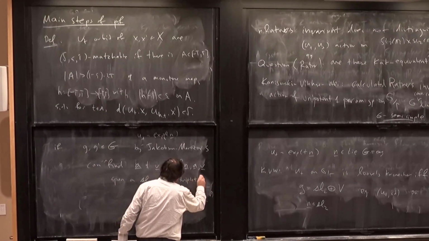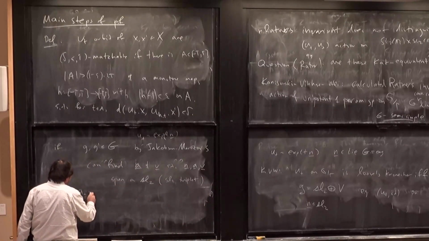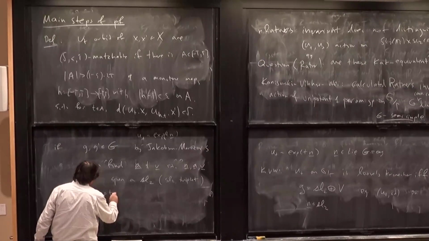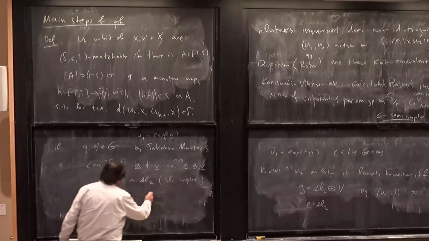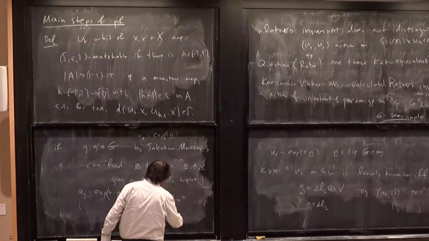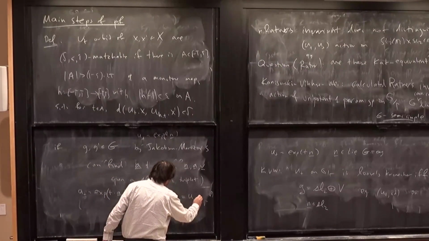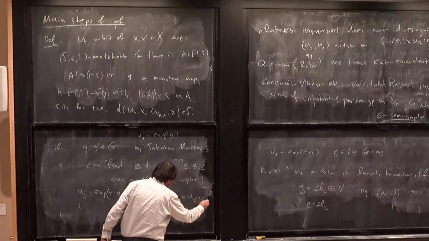In particular, if a_t is exp(tA), then a_t u_s a_{-t} is going to be u_{e^t s}.